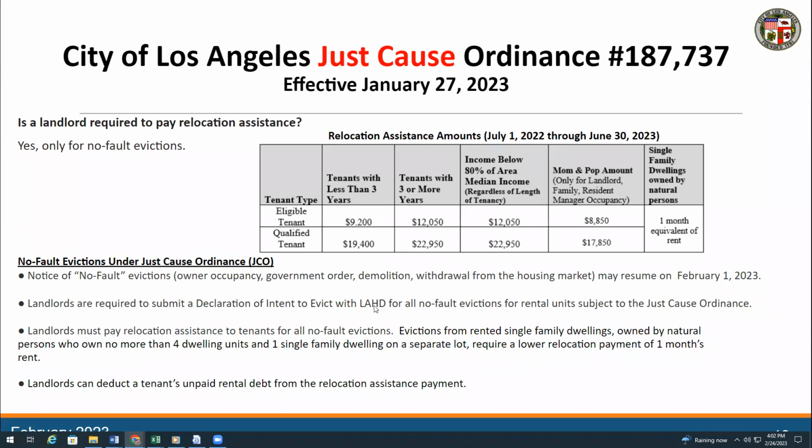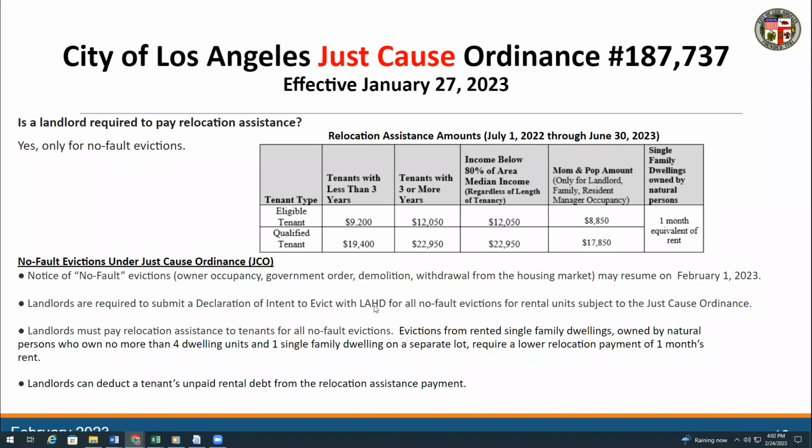There's also a grid for the income. So if the household qualifies for 80% AMI, there are different amounts that apply. And then you have your mom and pop, which we'll go over, that have a lesser amount. And then you have the final grid, which is the single family dwellings owned by natural persons.